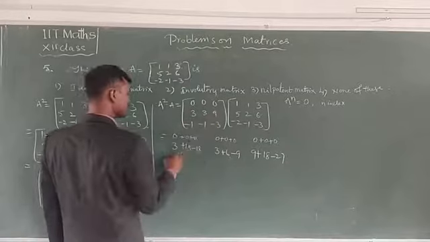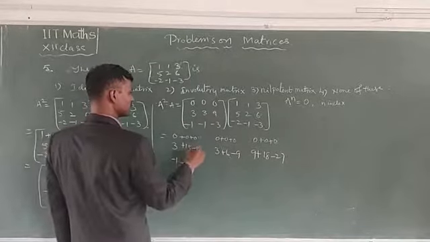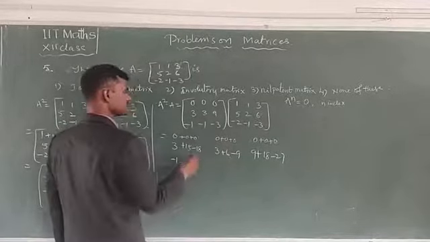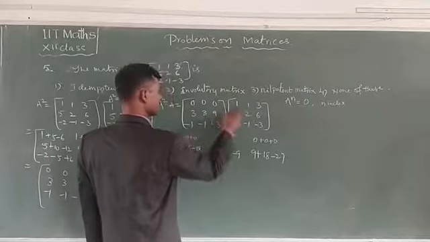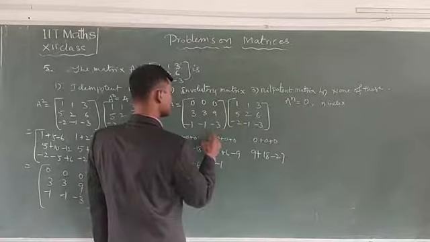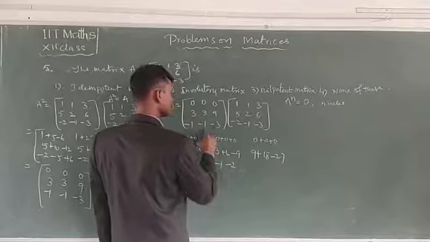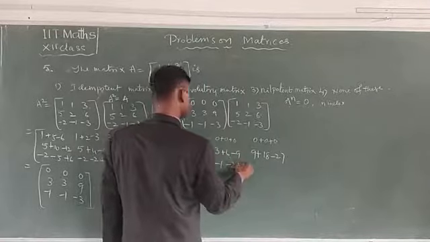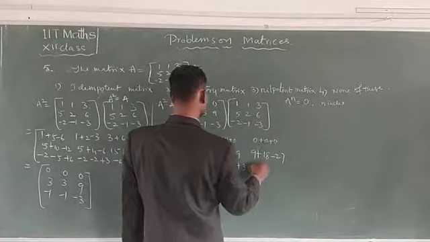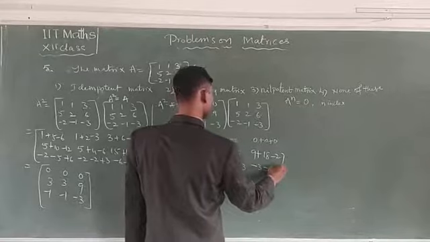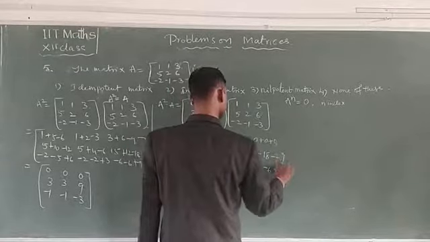Next minus 1, minus 5, plus 6, here minus 1, minus 2 and this is plus 3. Next minus 3, minus 6 plus 9.